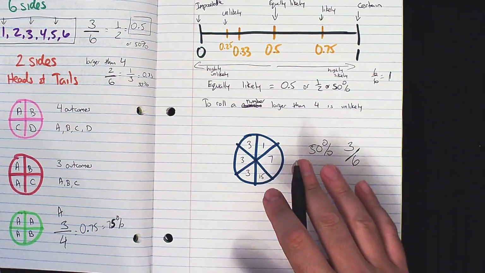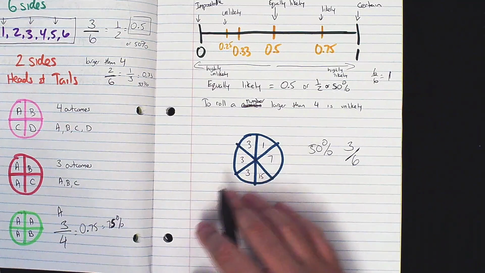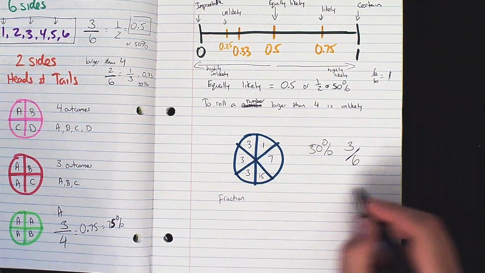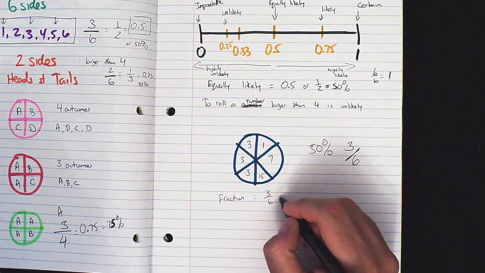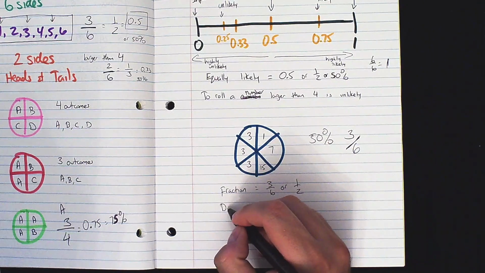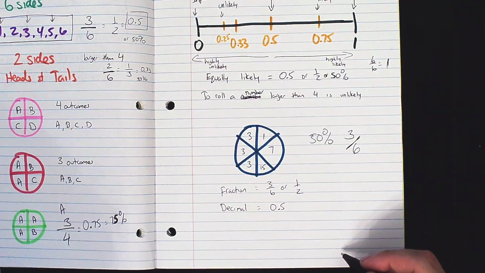Now you're going to see this written in many different ways in your book. You're going to see it as a fraction, and in this case the fraction is 3 over 6 or 1 over 2. You're going to see it written as a decimal, which will look like this.